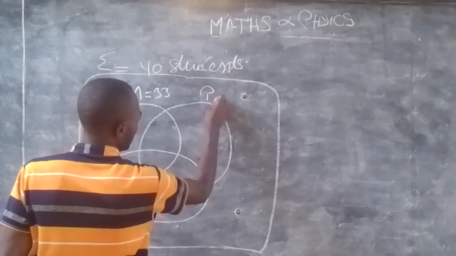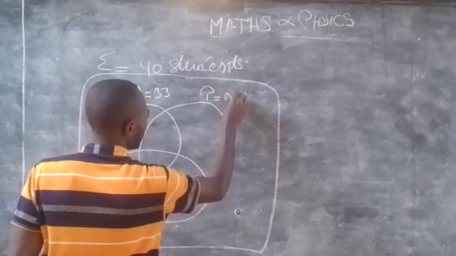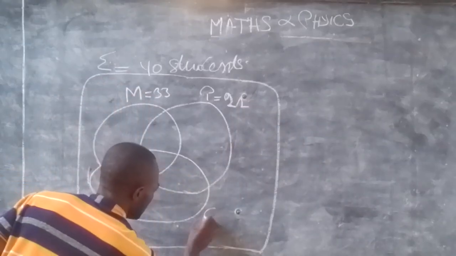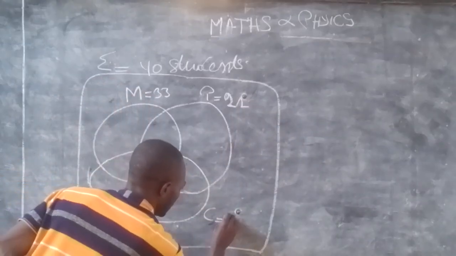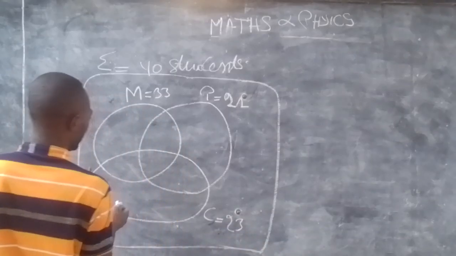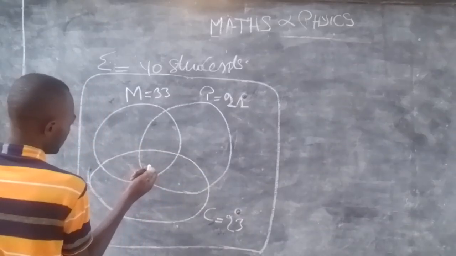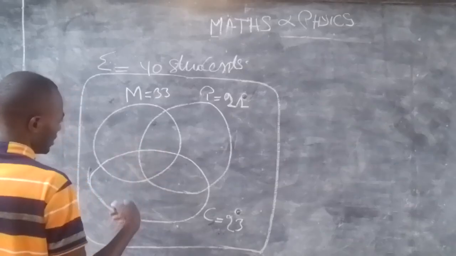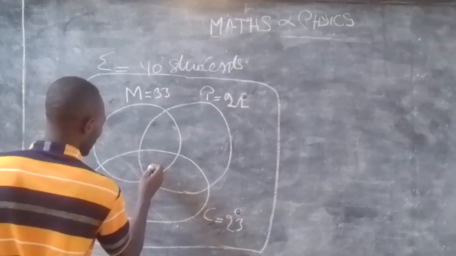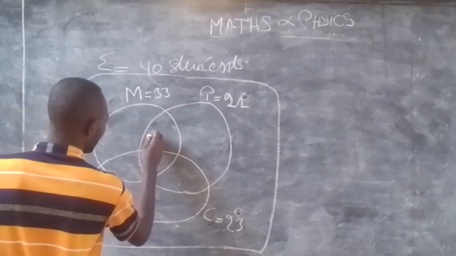This is P equal to 21. This is C equal to 23. Here we have, let's say, the number which indicates the participants in all three subjects be y.